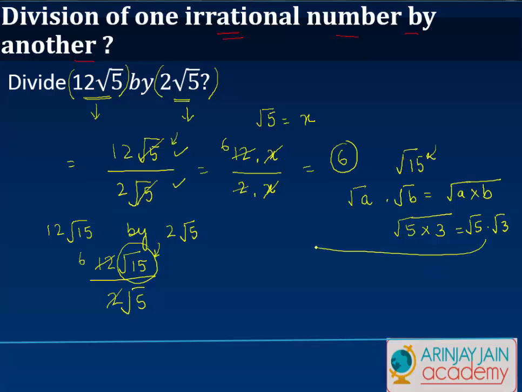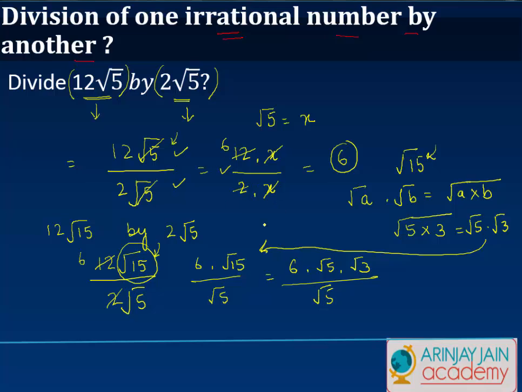Now if I just substitute these values in this particular equation, what I will get is 6 times root 15 divided by root 5, or 6 times root 5 times root 3 divided by root 5.